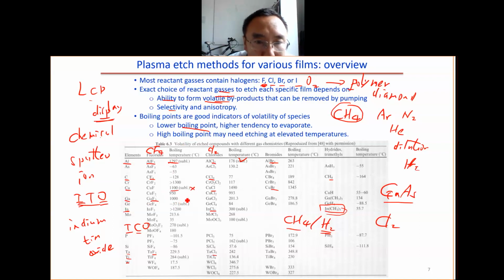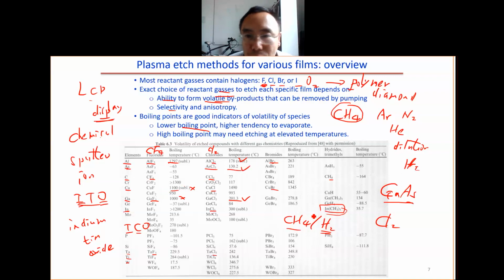But for chlorine, 200 degrees is okay. It is volatile. Even below the boiling temperature, it is volatile in the vacuum during etching. So the gallium we etch with chlorine is okay. For arsenide, you see the chloride is 130 degrees, so it's also okay.